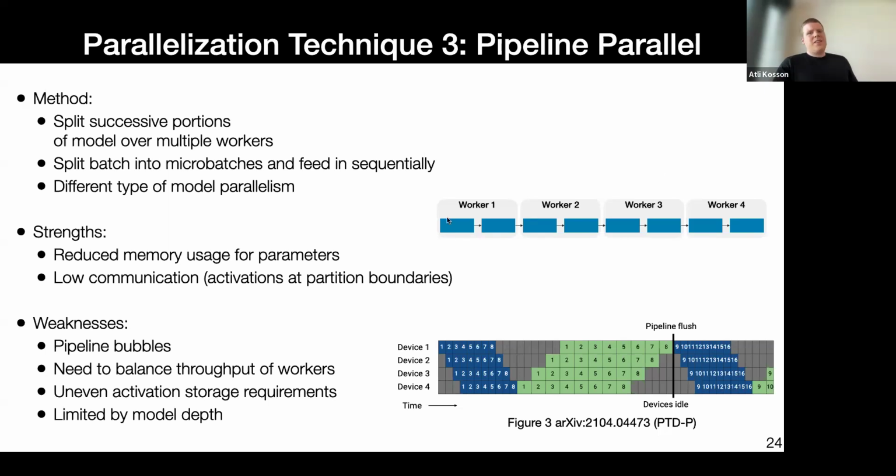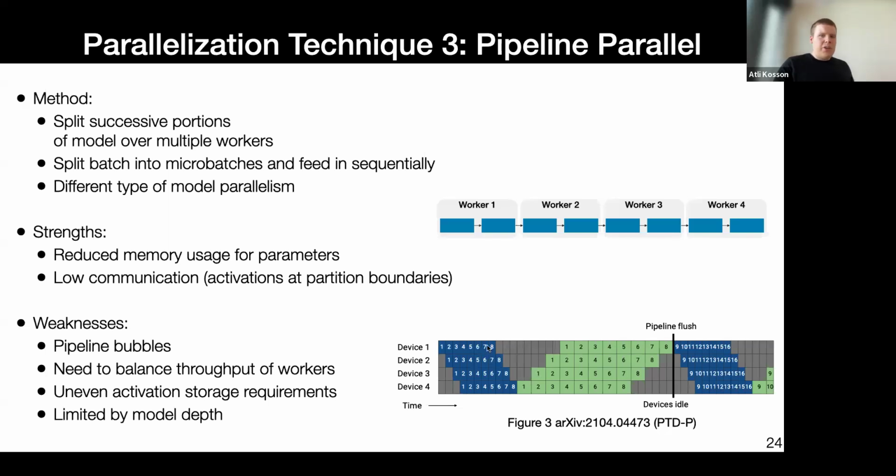Then there are more complications. For instance, the different workers have to store a different amount of activations for the backwards pass, especially if you use slightly more efficient schemes like this.